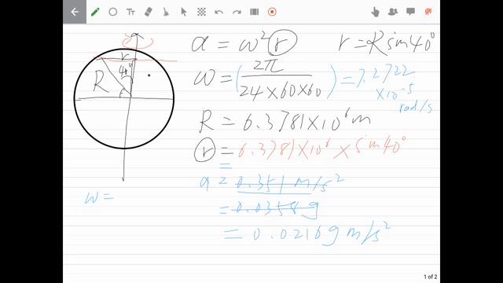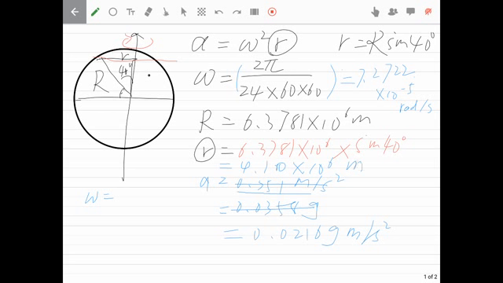Sine 40 times 6.3781. So this number equals 4.10 times 10 to the power 6 meters.